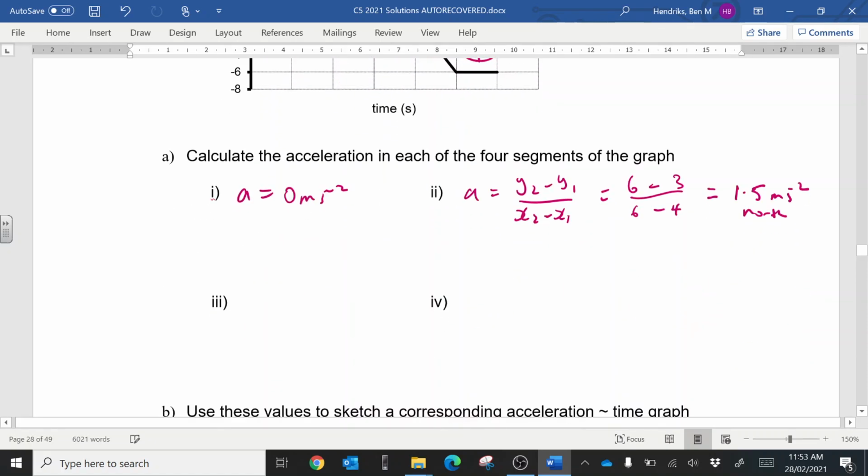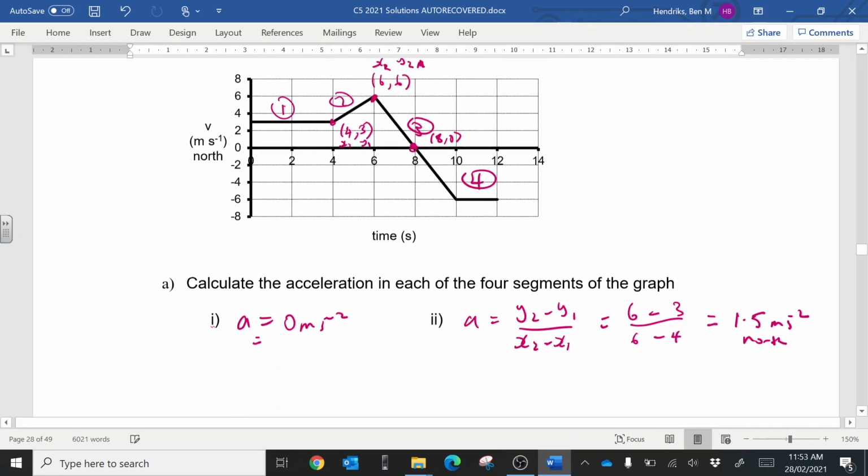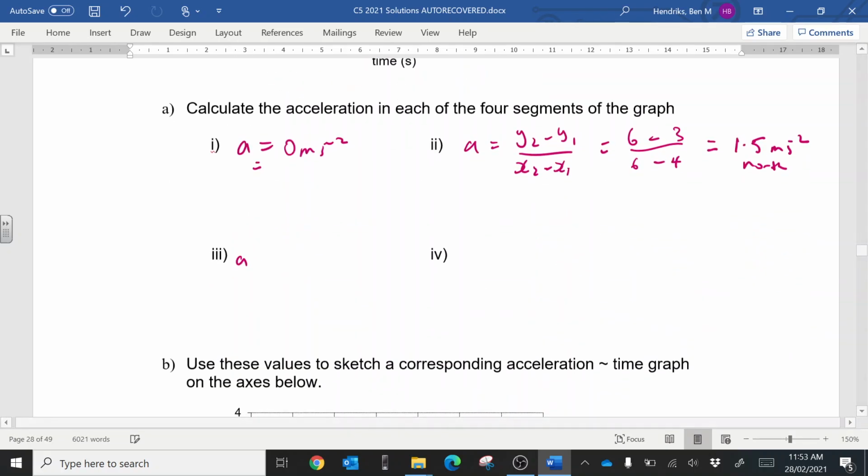So a is equal to, so 0, it's our y2 minus 6 over x2, which is 8, minus 6, which equals negative 6 over 2, which is equal to negative 3 meters per second squared.